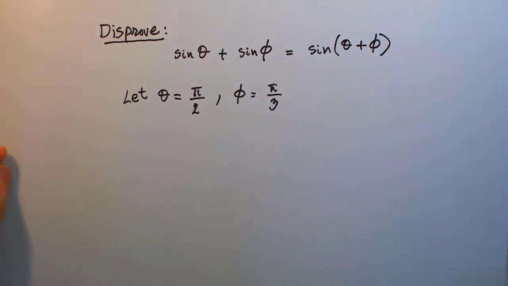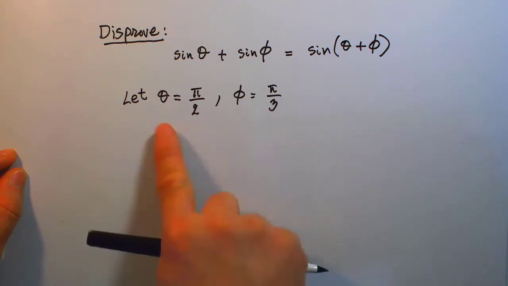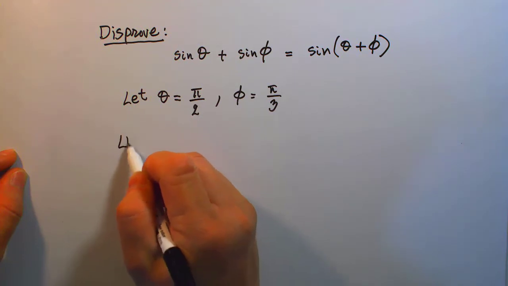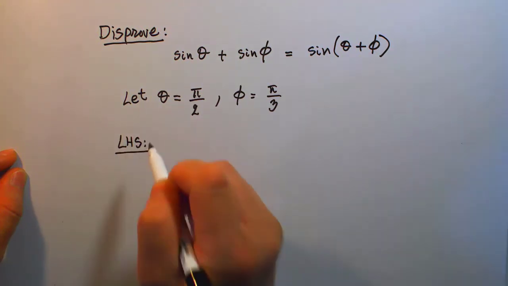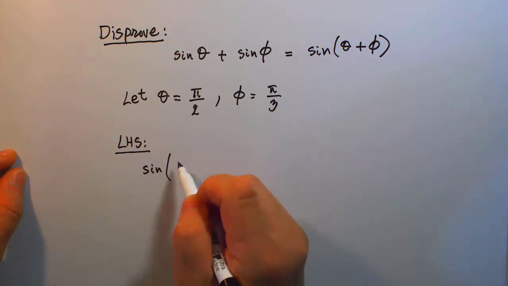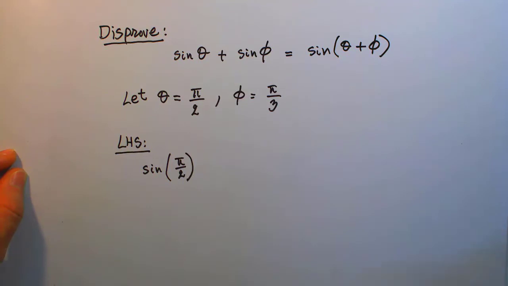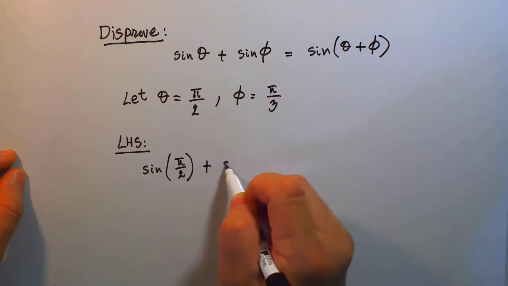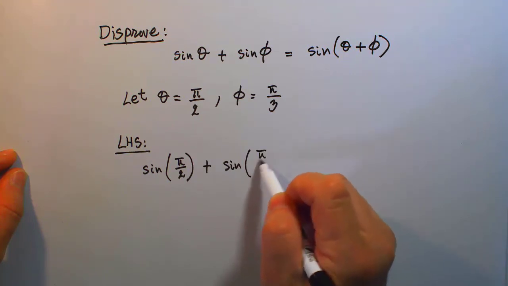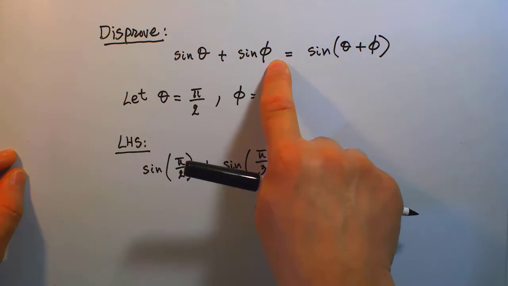And that means taking these two different values for the two variables, my left hand side is going to be sine of pi over 2, as pi over 2 is substituted in for theta, plus sine again of pi over 3, as pi over 3 is a different value substituted in for phi.